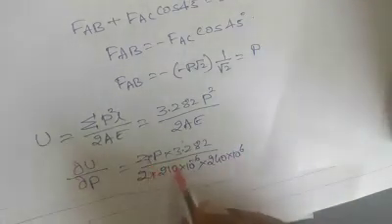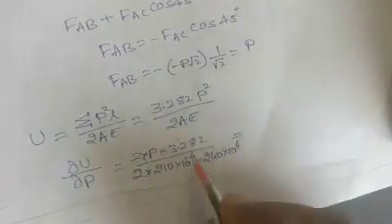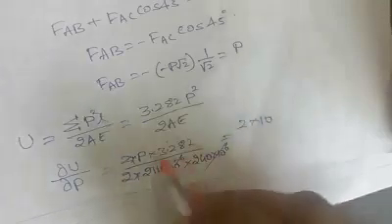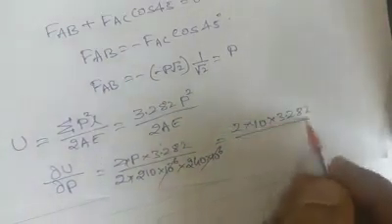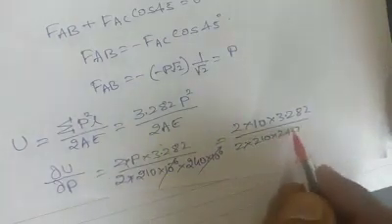So in place of P we will substitute 10, 3.828 by 2 into 210 into 240.